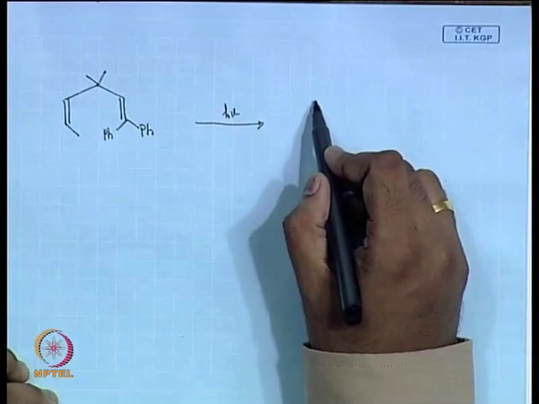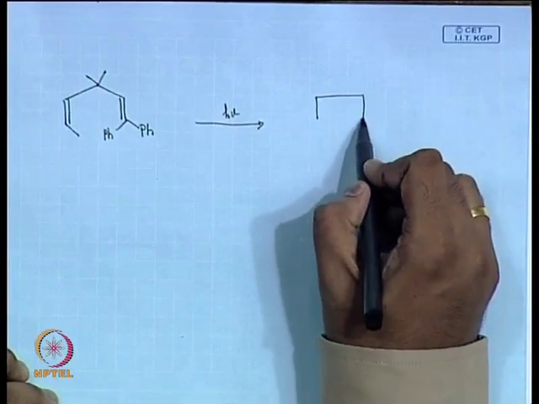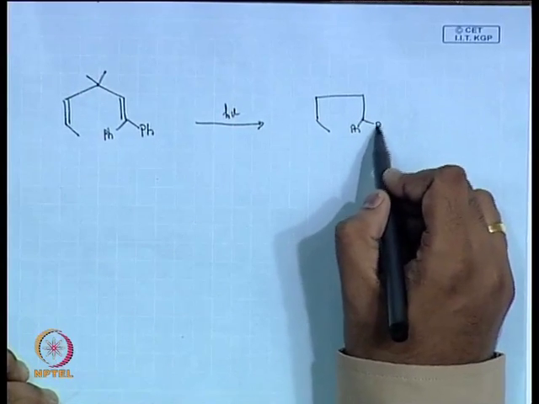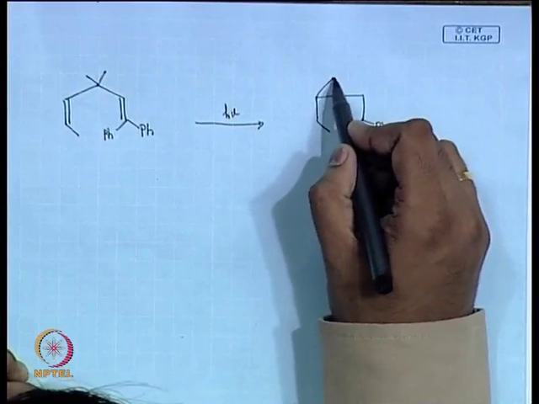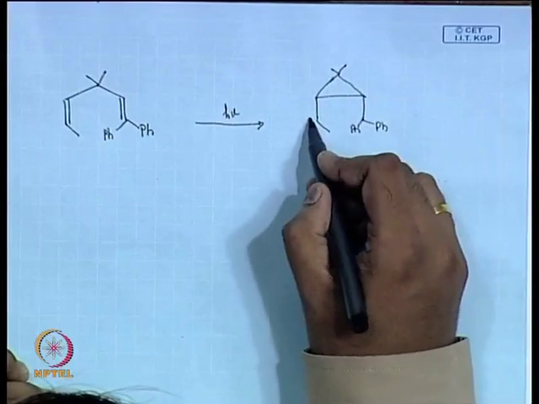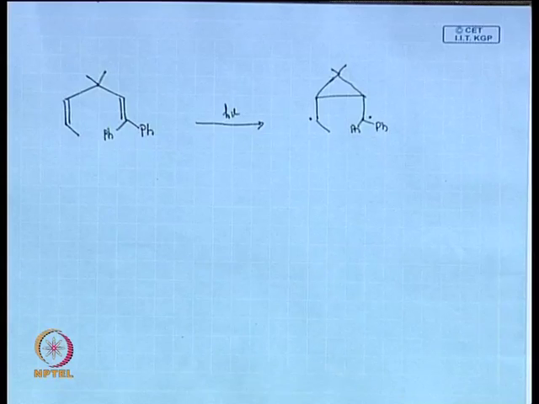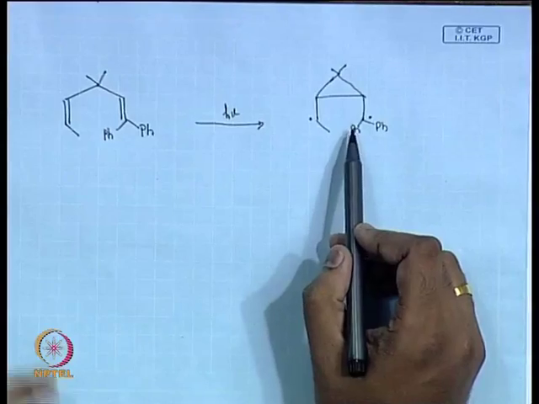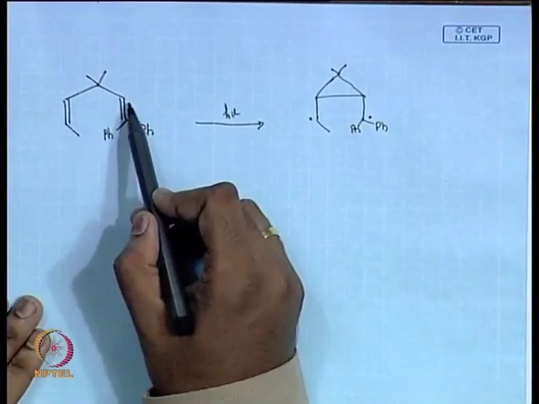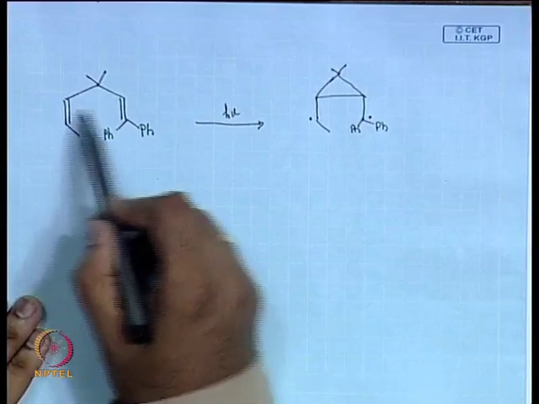Any guess? Actually I should get it like this if I think of a di-pi-methane rearrangement, right. So, I can excite this end or this end. You can make a dot and then make a cyclization, or you make a dot and make a cyclization.